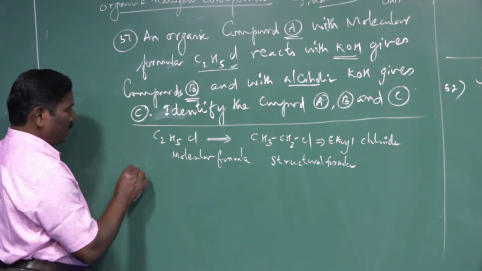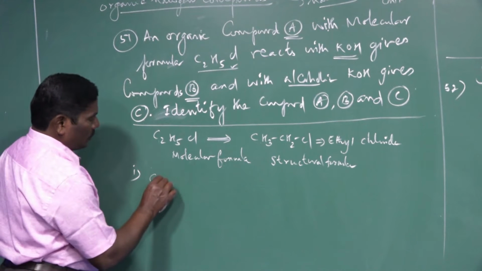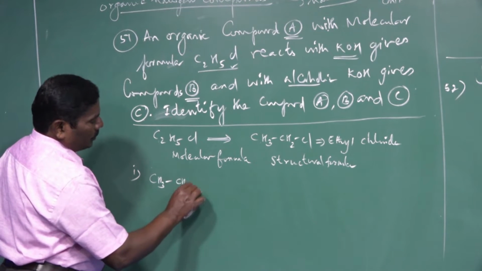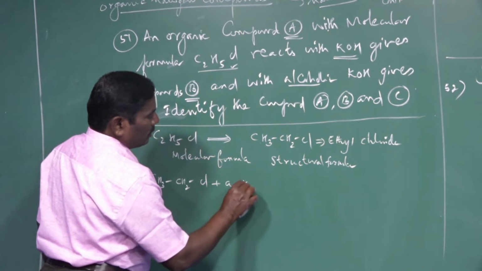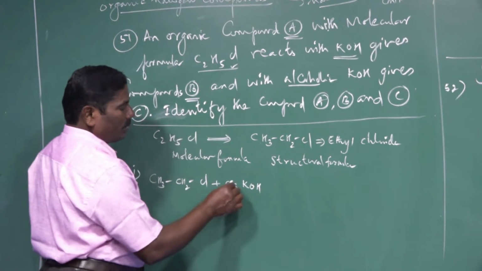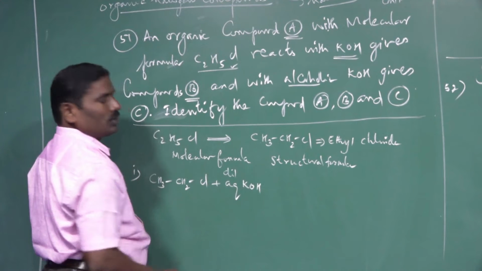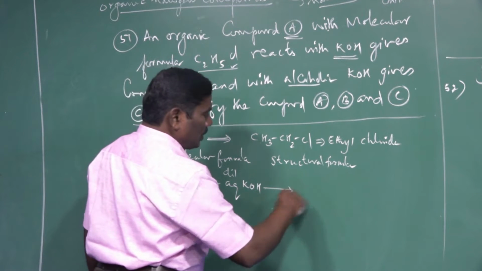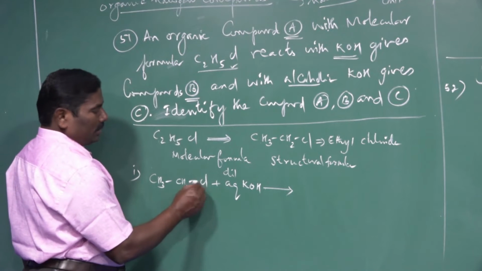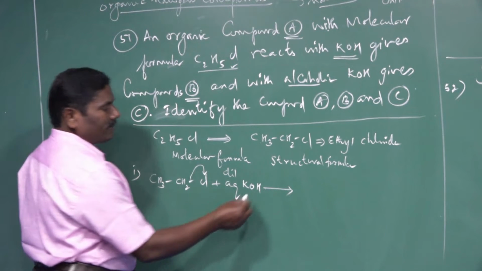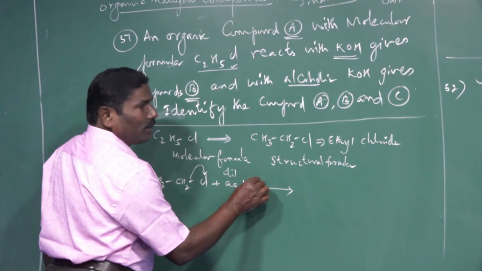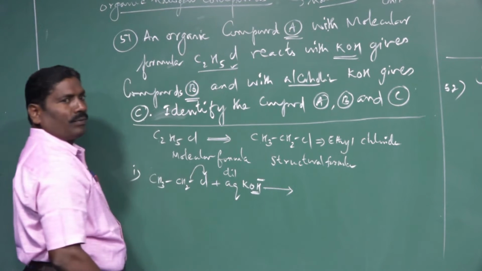Now you write equation 1. CH3CH2Cl plus aqueous KOH. This is the meaning of dilute KOH. Now this gives a product. Here, the Cl behaves as Cl minus, and KOH behaves as a hydroxyl anion, OH minus.